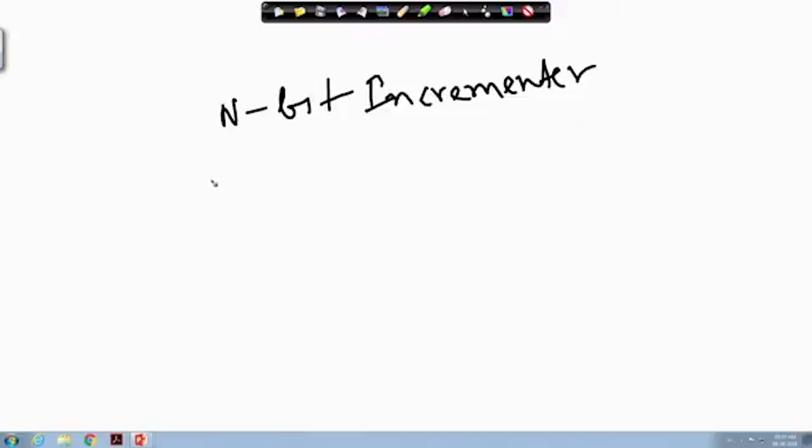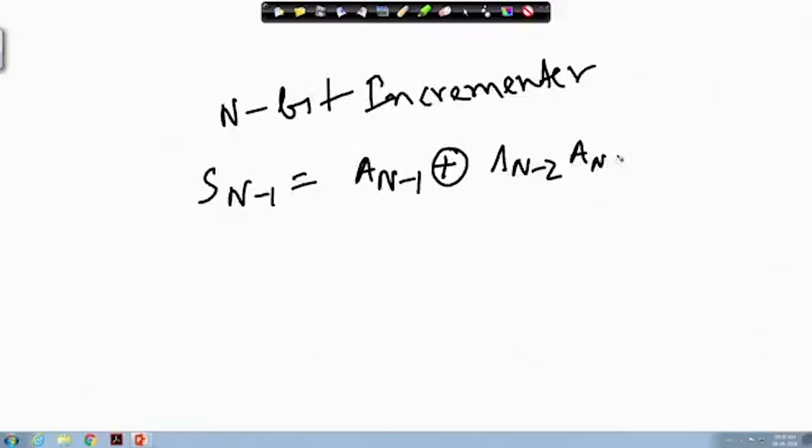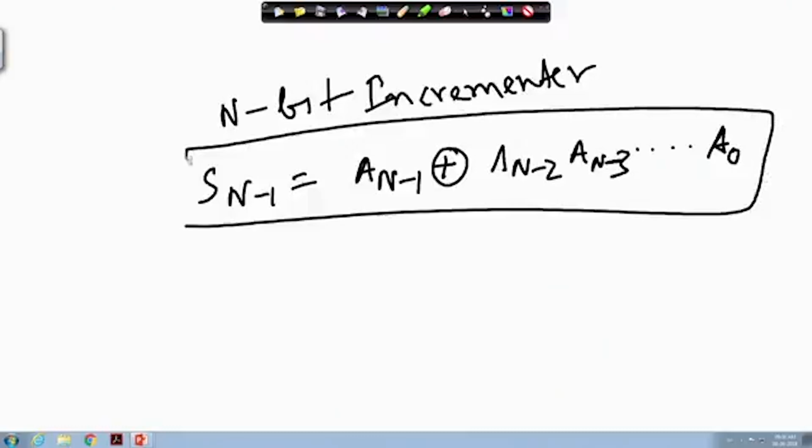The expression was something like this: S n minus 1 is A n minus 1 XOR with A n minus 2, A n minus 3, up to A 0. So this was the expression for the n-bit incrementer design. Now this is only for adding 1.